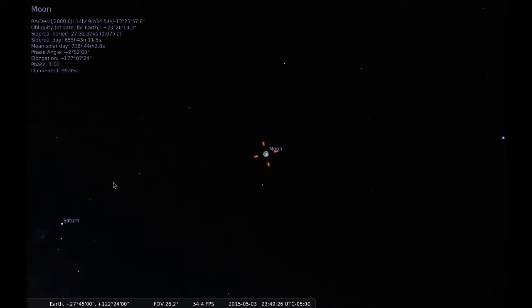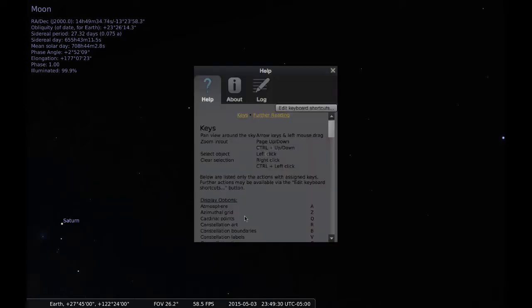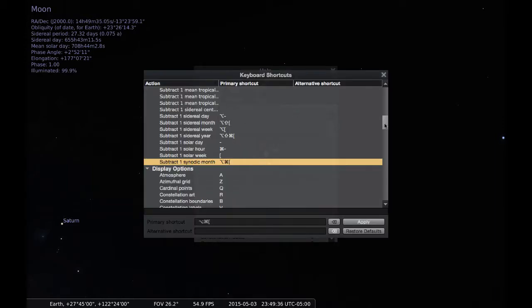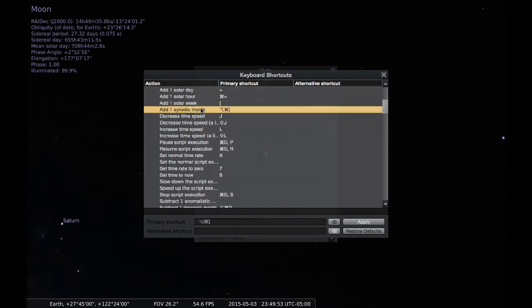But there's a nice shortcut in Stellarium. If you go down here to the help window, by default it brings up the keyboard shortcuts. And if I go to edit keyboard shortcuts, one of the options is I can set a keystroke to add or subtract these units of time. So you see here, subtract one synodic month, and then further up in the window, there's an option to add one synodic month.